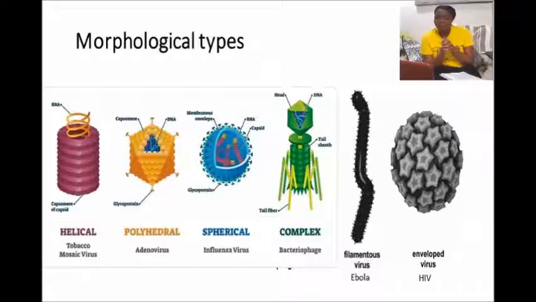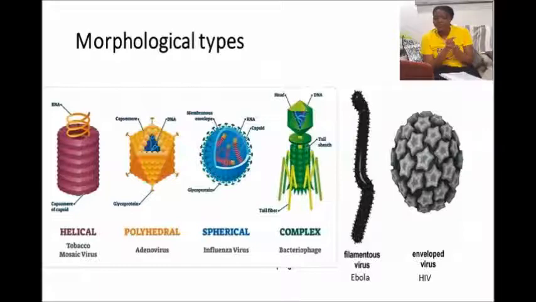Then my favorite virus, okay, is what is called the bacteriophage. Some books will call it the head and tail. It looks like a spaceship about to take off, or maybe a spider standing on its legs. It looks quite bizarre, quite a serious creation, I should say.